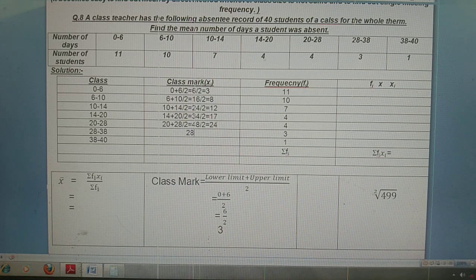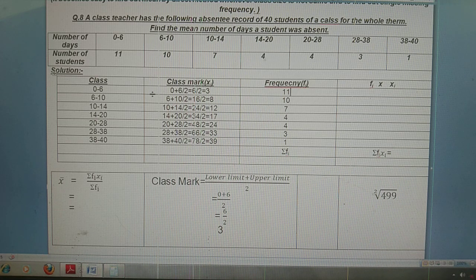Lower limit 28 plus upper limit 38 divided by 2 equals 66 divided by 2 equals 33. Lower limit 38 plus upper limit 40 divided by 2 equals 78 divided by 2 equals 39.